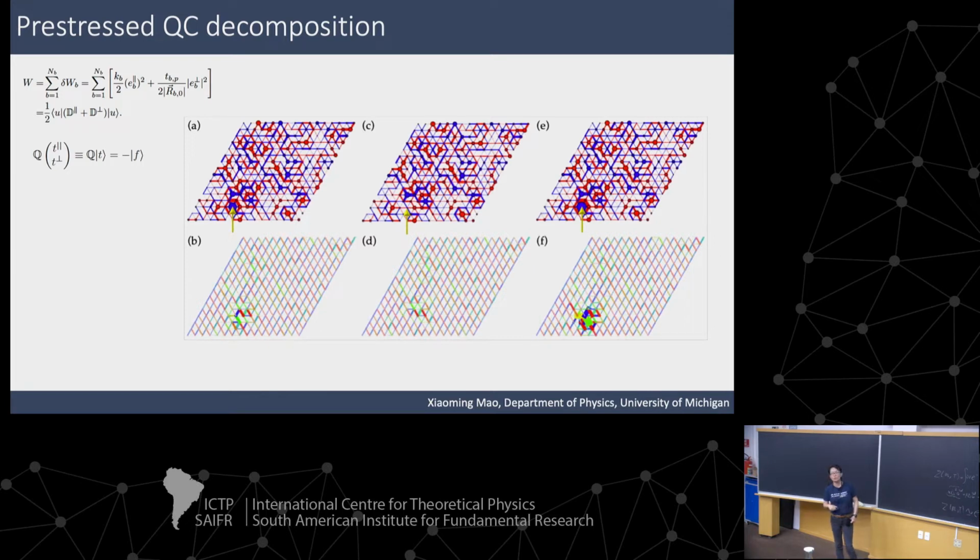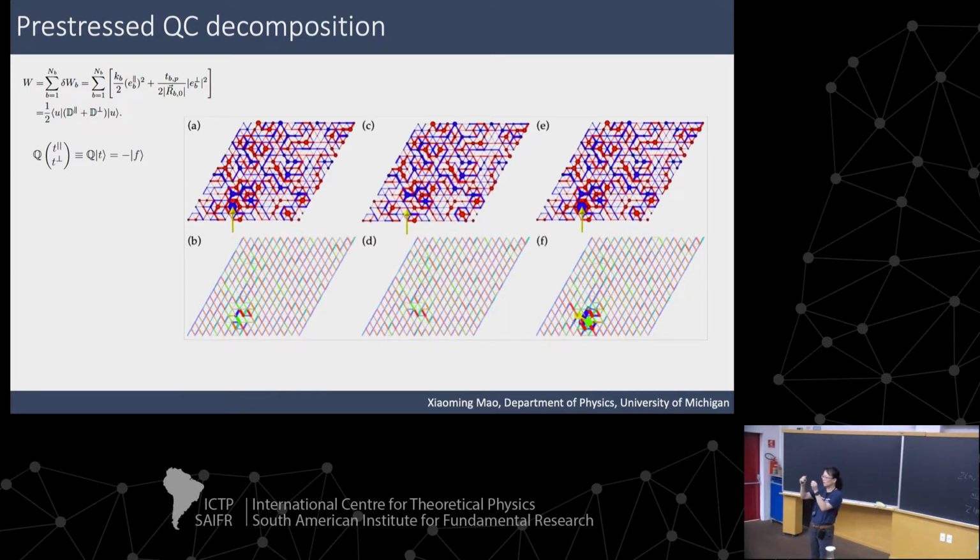Here we need to use 3 colors because each bond can not only carry an increment of the longitudinal tension, but it can also carry a reaction to the rotational component of the stress. The notation is better explained in the paper, but here is just to give you a picture.